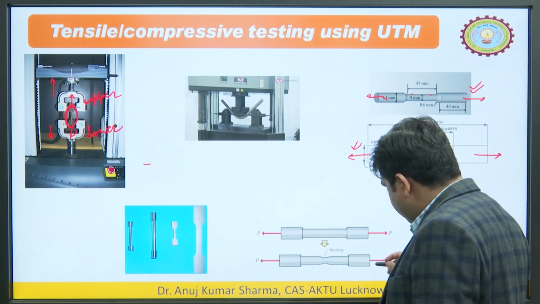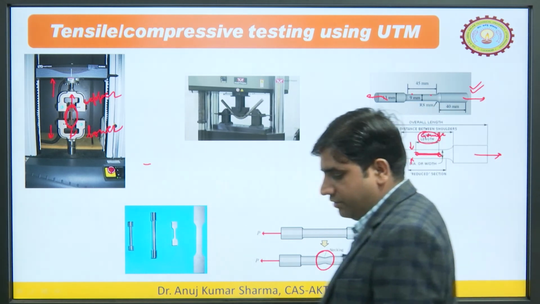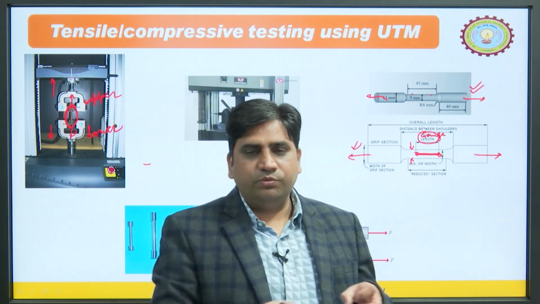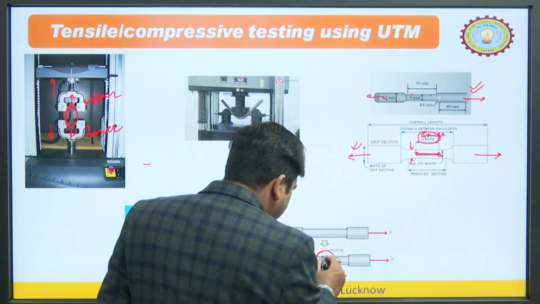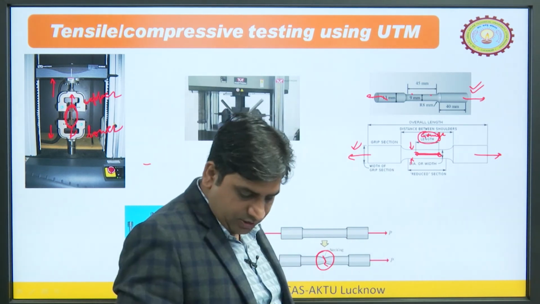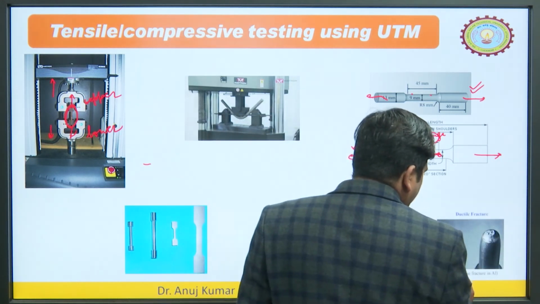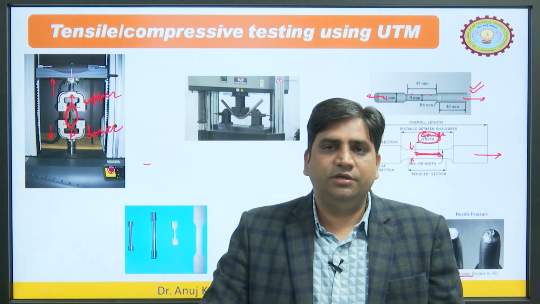When you continuously stretch it, a neck will be formed here, and it will try to break this object from this particular cross section. After some time you may get this kind of cup and cone fracture. We will discuss it in detail in the next lecture.